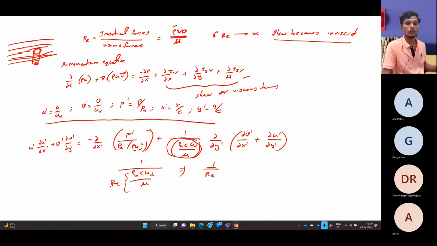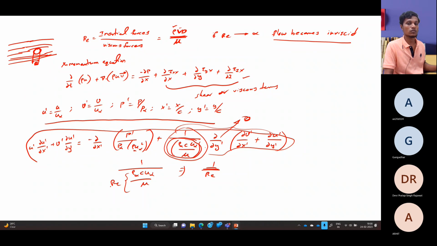Now, if you see this entire equation, if the Reynolds number is tending to infinity, 1 by infinity, this entire viscous part will tend to 0. That is how we can see that when the Reynolds number is very high, your shear stress goes away and the flow becomes inviscid.